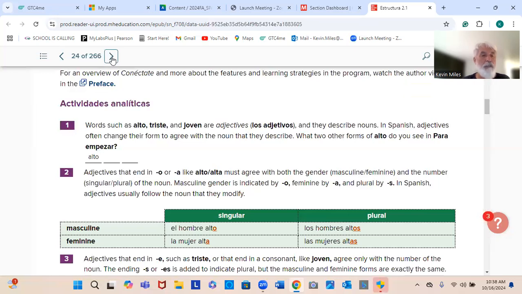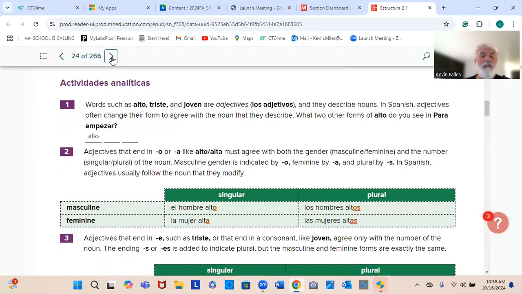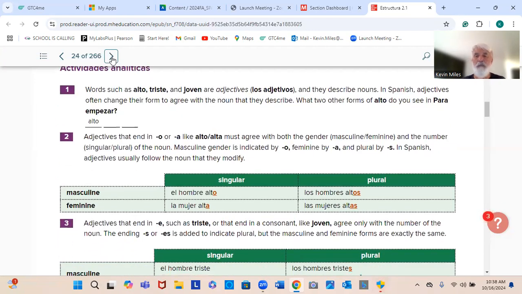So let's go to the section Actividades Analíticas and go directly to section 2. This is very important. This will be on your test, and it's very simple, but it's very different from English.